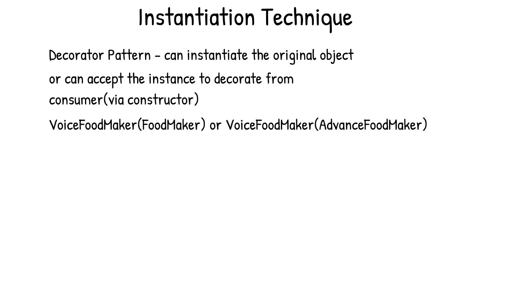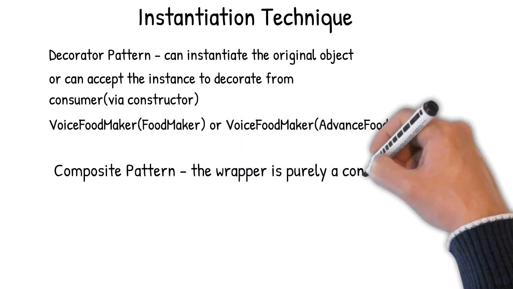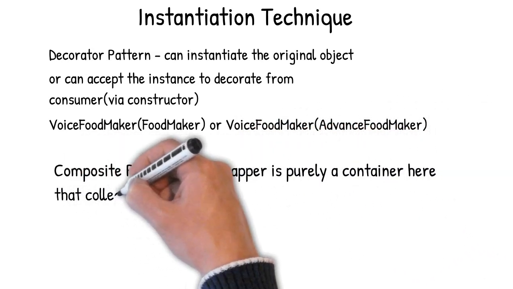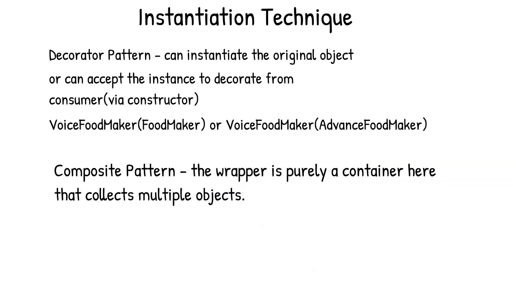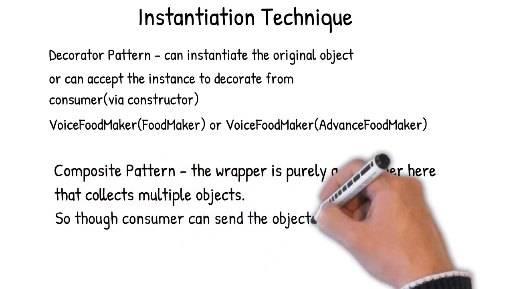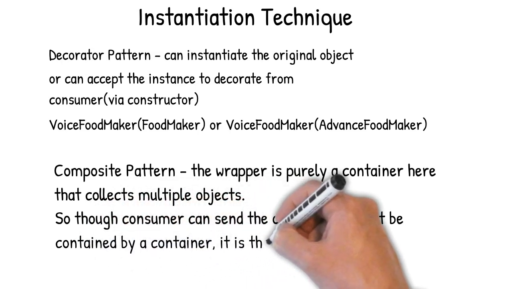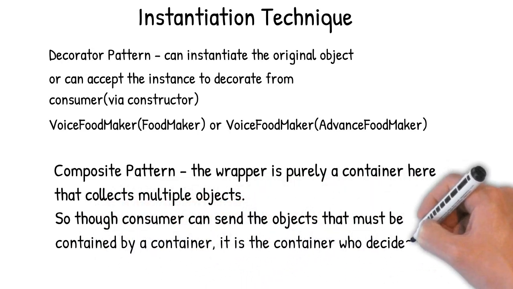Now, if we talk about composite pattern, it creates a wrapper which is purely a container collecting multiple set of objects. In this instantiation technique, it is equally same as decorator pattern, where it allows the consumers to instantiate multiple entities and then add it to the container.